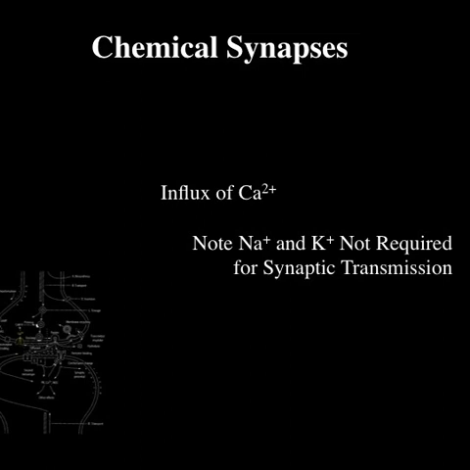If you block the influx of sodium in the axon here, then you will completely block transmission of the action potential. In fact, that's how local anesthetics work. They're sodium channel blockers. They block axonal conduction by stopping that sodium from going across the membrane. But if you block sodium channels in this part of the membrane, that will have no effect. Once the action potential gets to the synaptic knob, it's all about calcium, and sodium and potassium don't have a role in that. So we've got an influx of calcium.